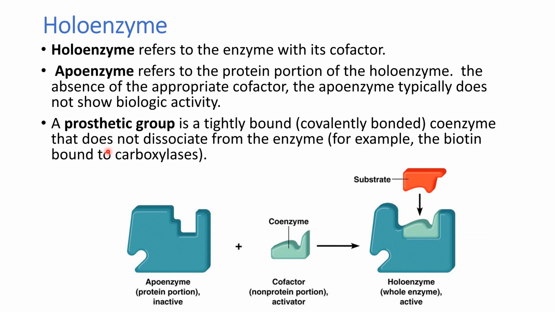Now another term is the prosthetic group, right? So a prosthetic group is a tightly bound, and you can say covalently bonded, coenzyme that doesn't dissociate from the enzyme. For example, the biotin bound to the carboxylase.